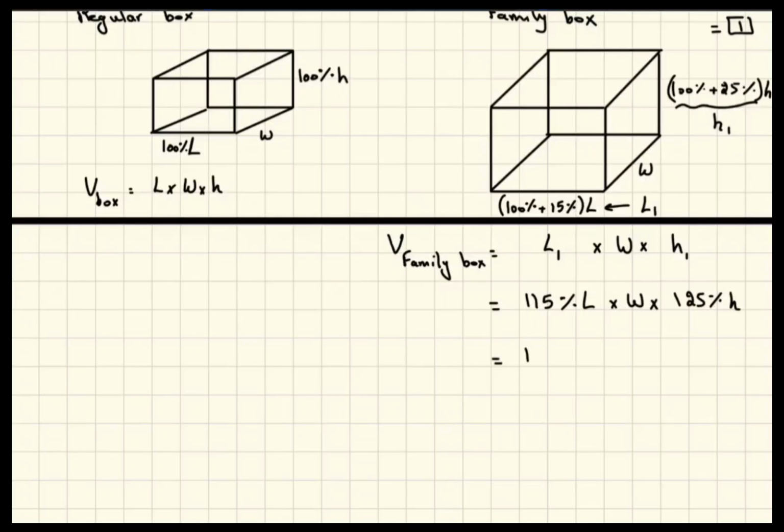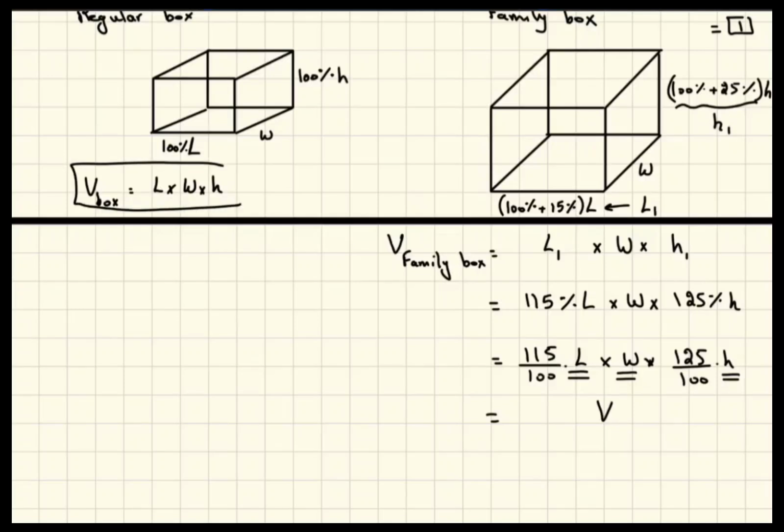Now calculating this is 115 over 100 L multiplied by W multiplied by 125 over 100 H. Now we're 100% sure that all of this multiplication, right? L times W times H, it's just, as you can see, the volume of the box, the normal one, the regular one, the one we calculated at the beginning.